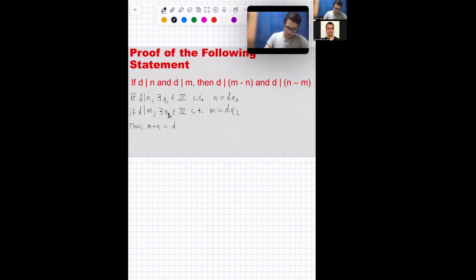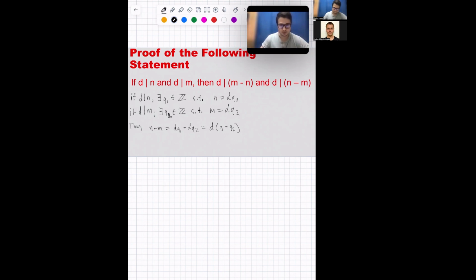But actually, let's go with a more ordered version, okay? So we're going to have that n minus m is going to be equal to d times q1 minus d times q2, which is equal to d times q1 minus q2, okay? So you have to know that one.